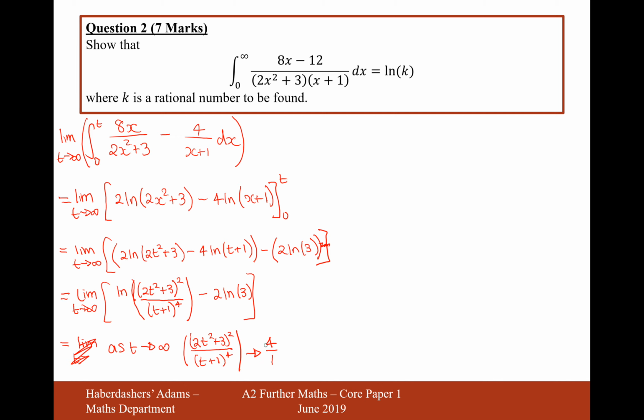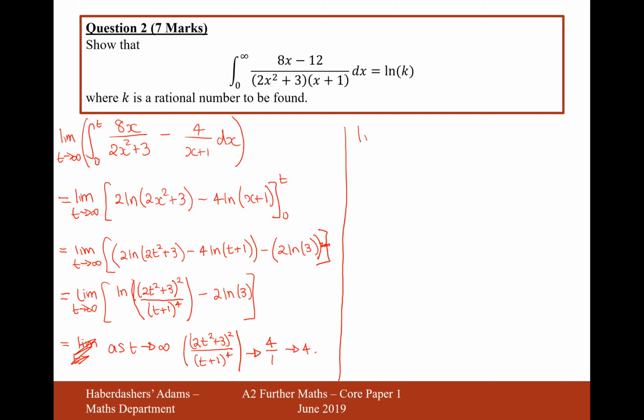These numbers have come from the highest powers on the top and the bottom. The coefficient of t to the power of 4 is 1 on the bottom, so it's 4 over 1, so this will tend towards 4. So we've got that whole ln integral there tending towards 4 now, which is much more simple.